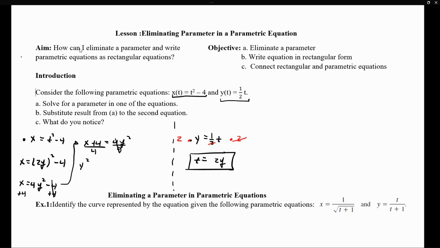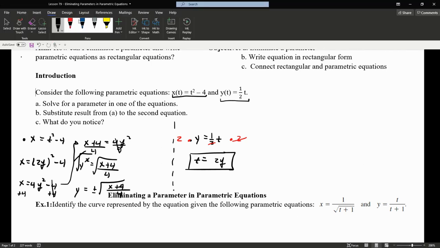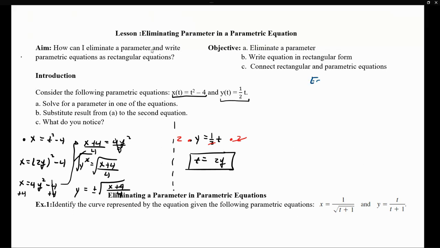Now we have y squared equals (x plus 4) over 4. By taking the square root, I have properly solved for y. So y is equivalent to plus or minus the square root of (x plus 4) over 4. Let me write it more clearly.